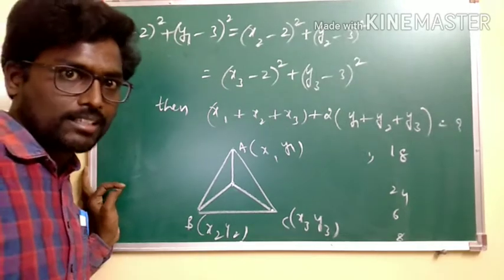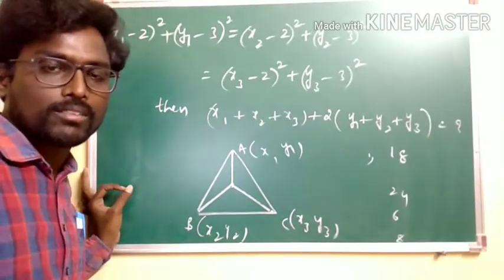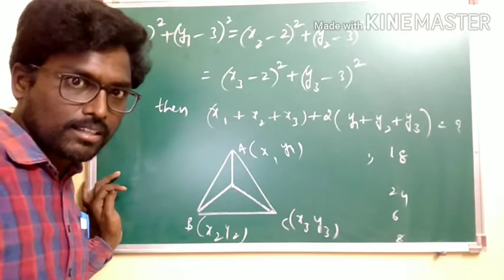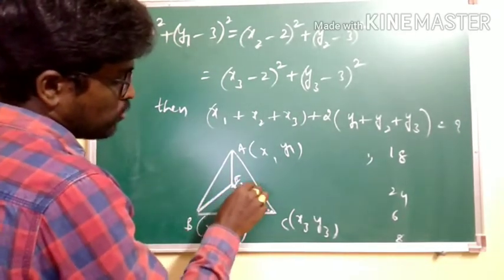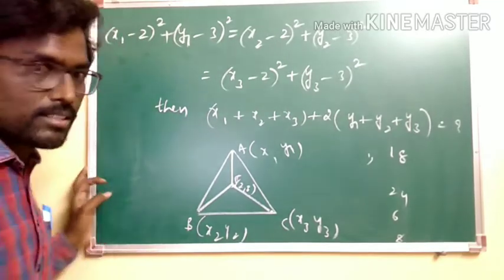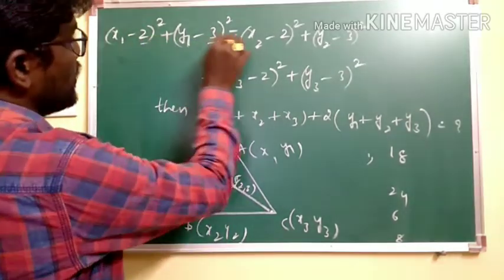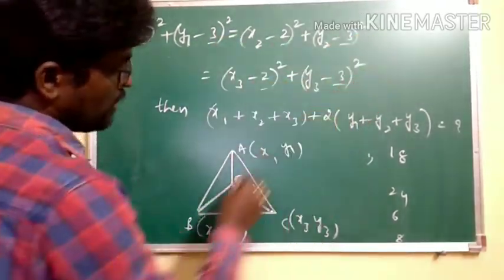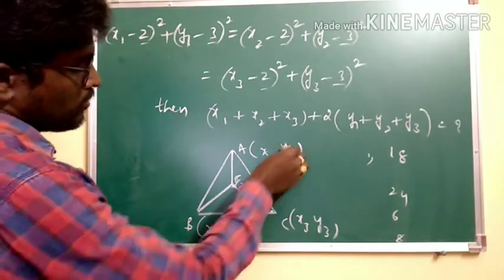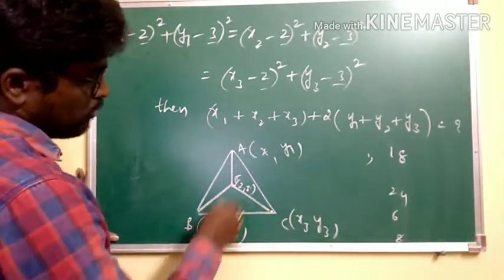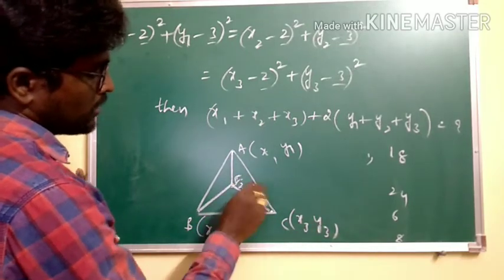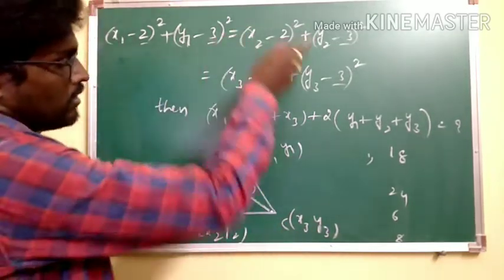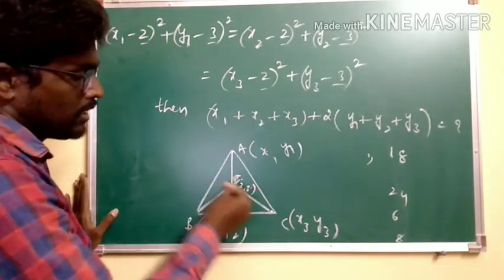Circumcenter. The circumcenter is equidistant from the vertices. Therefore 2 comma 3 is a circumcenter, because here in every case we have 2, 3. So x1 minus 2 whole square plus y1 minus 3 whole square, x2 minus 2 whole square plus y2 minus 3 whole square, x3 minus 2 whole square plus y3 minus 3 whole square, all the three are equal distances when the point is the circumcenter.